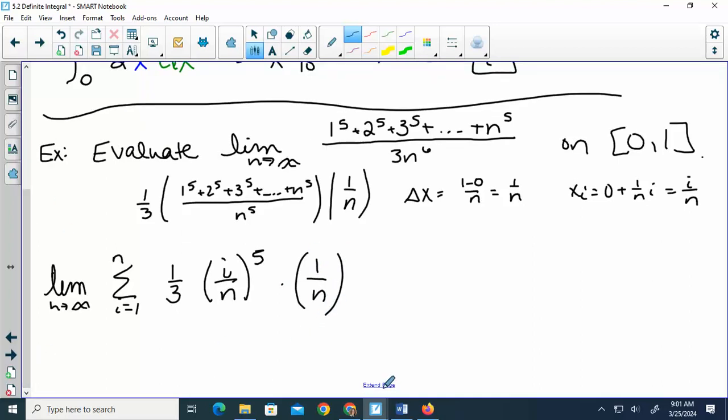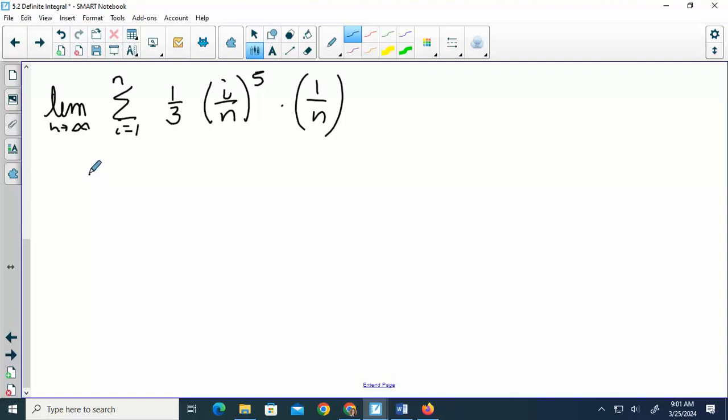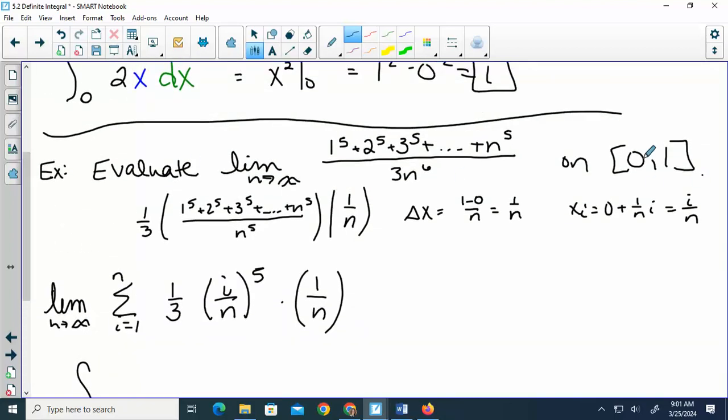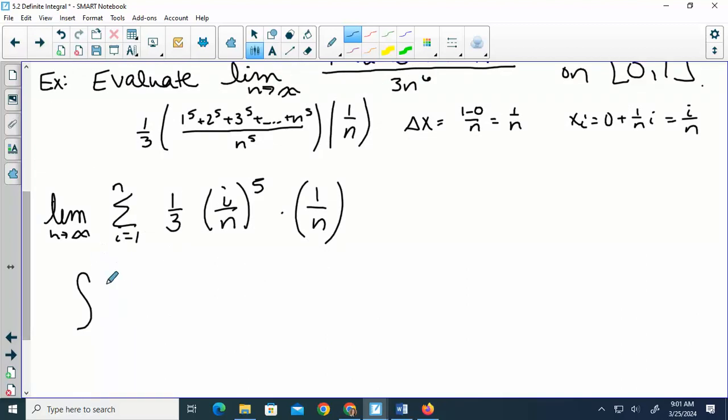Okay, but really I want to write this as an integral. So this would be the integral. Where are we starting and stopping our interval? 0 to 1. 1/3. i over n was what? i over n is the x sub i, so it's just x to the 5th.